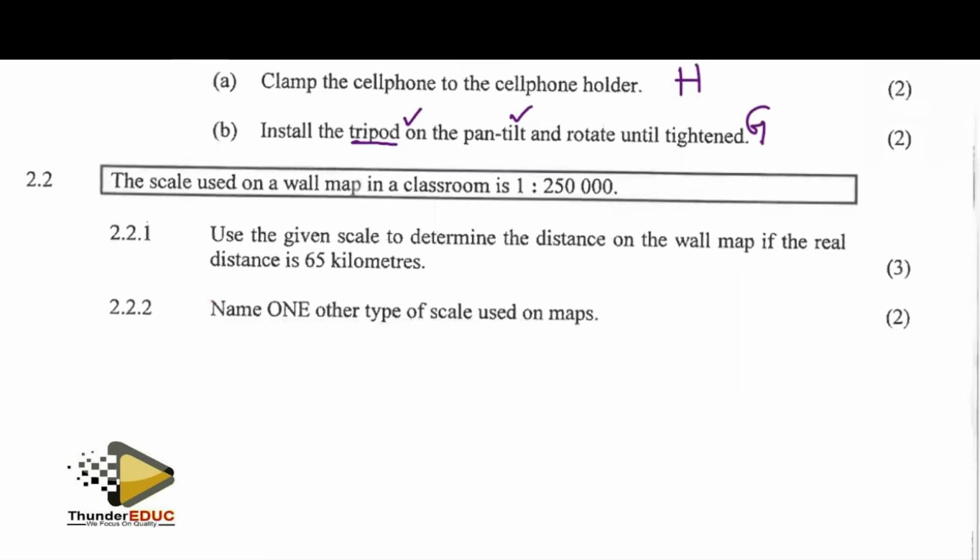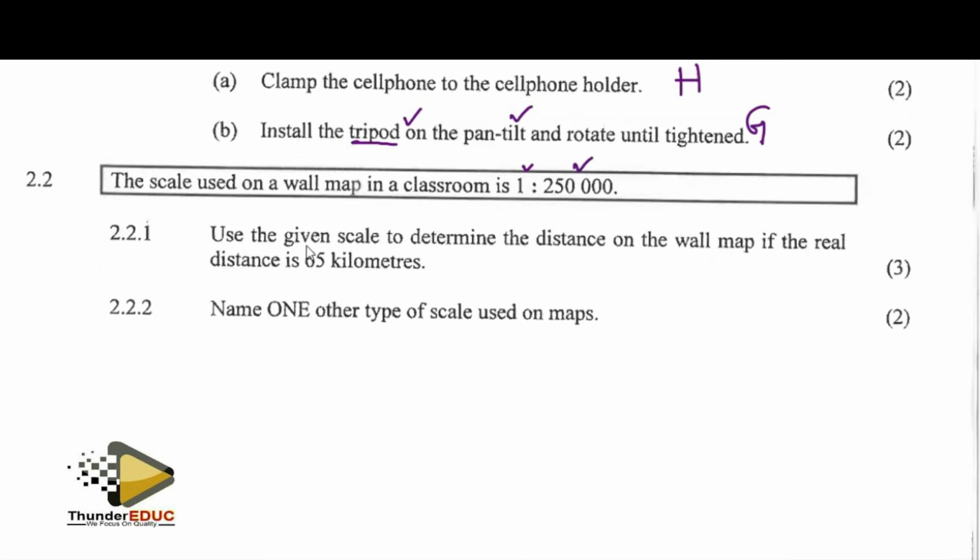Anyway, let's continue. Use the given scale to determine the distance on the wall map if the real distance is 65 kilometers. The scale given to us is a number scale, or a ratio scale. It simply means 1 unit on paper equals 250,000 units in real life.